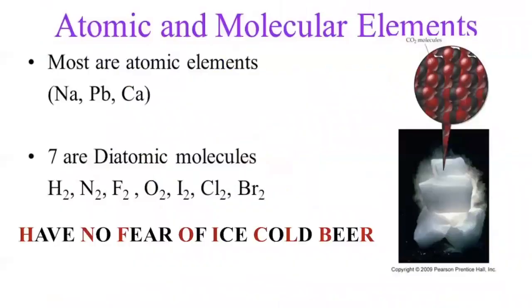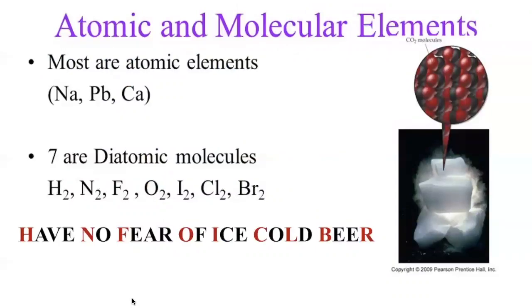Moving on. So here we have 7, at least for now, that you're going to have to memorize. 7 molecules, and those are going to be nitrogen, hydrogen, fluorine, oxygen, iodine, chlorine, and bromine. There's this saying that helps you memorize: Have no fear, for of ice cold beer.